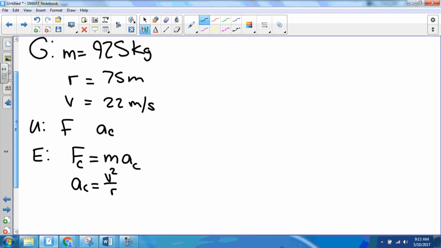Okay, so our problem's all set up now. We have a_c equals v, 22 squared, divided by r, which is 75. So go ahead and put that in your calculator real quick. So I have 22 squared divided by 75.